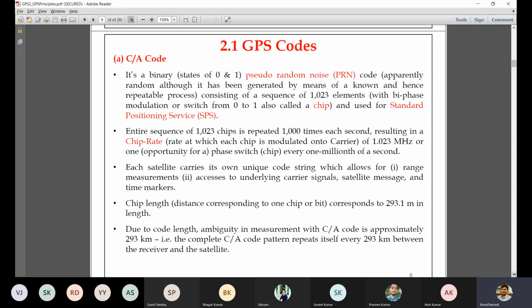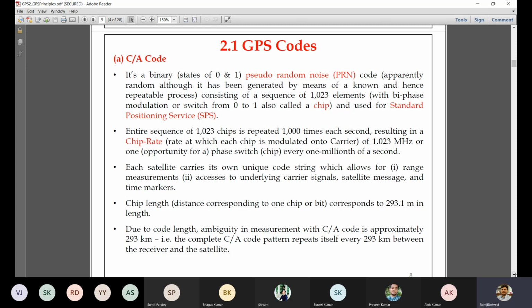CA code modulation. Every satellite carries its own unique code string, which allows for range measurements, access to the underlying carrier signal, satellite message, and time marker. That means you need to do the range measurement, and for that every satellite provides you a unique code string.